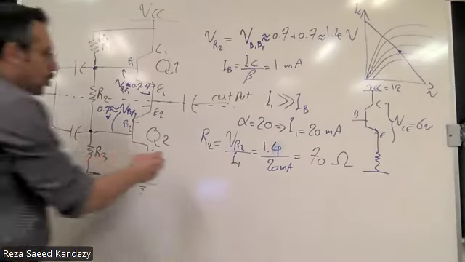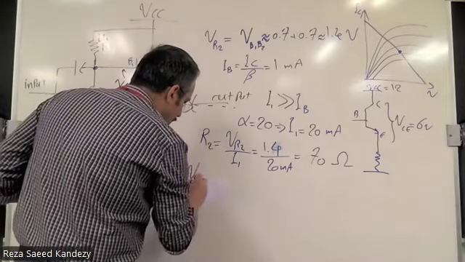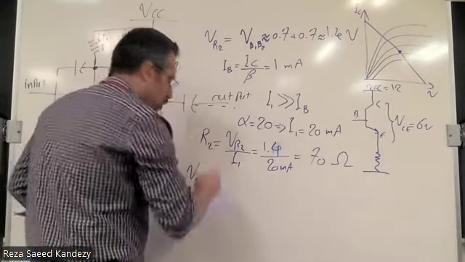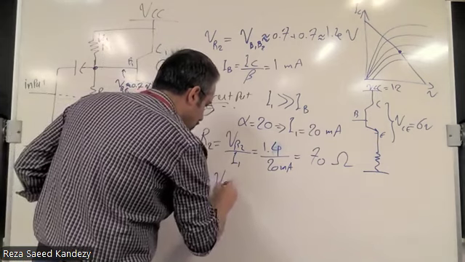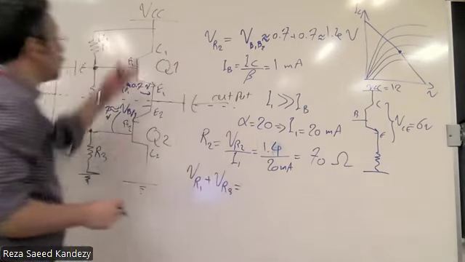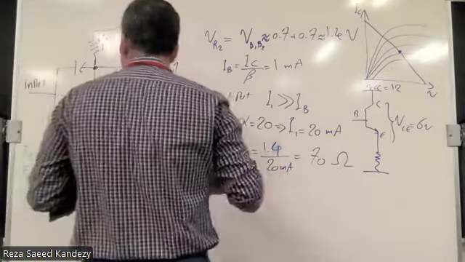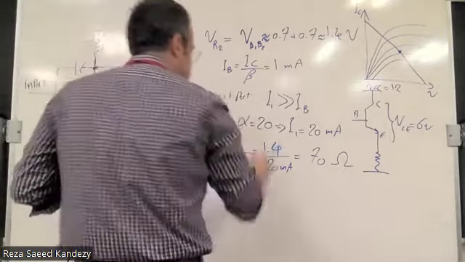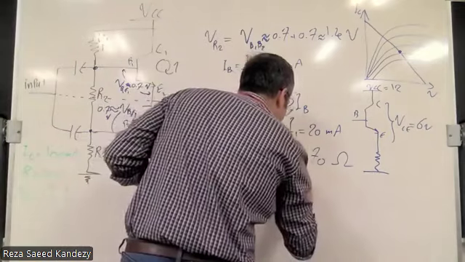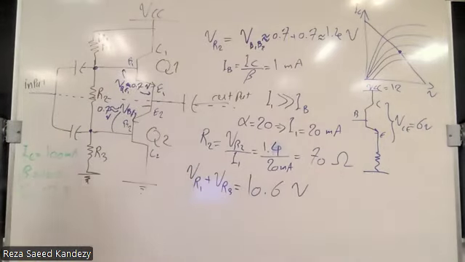That means the voltage across R1 plus the voltage across R3 should be 12 minus that 1.4. Again, a simple KVL. If you do the math, 12 minus that is going to be 10.6 volts. Are we good?